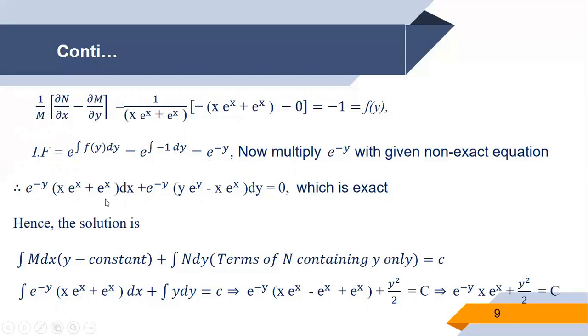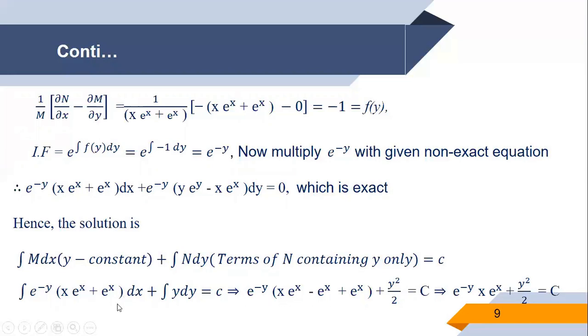Now the equation is exact. So the solution form is ∫M dx with y constant, plus ∫ of the terms of N containing y only, is equal to c. So M dx, N dy, but N has a term containing only y. So here we write y into e⁻ʸ eʸ, so y dy. The other term we can't consider. This term we totally consider. So integrate them.